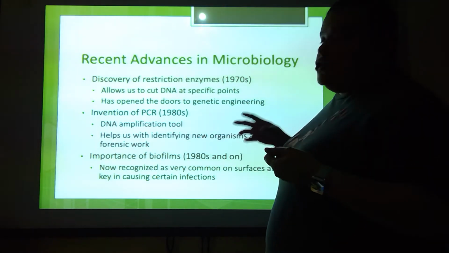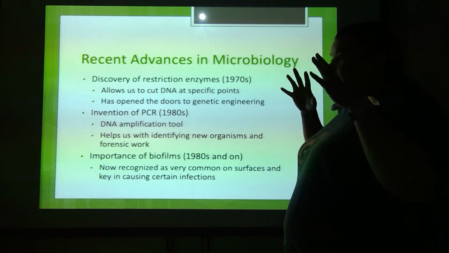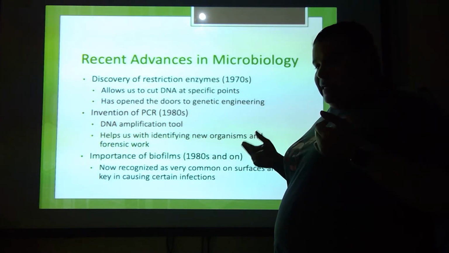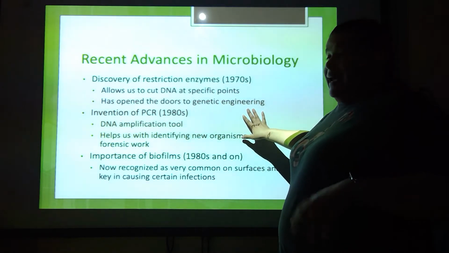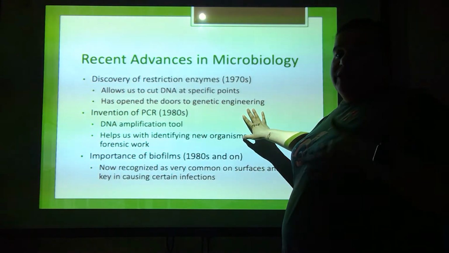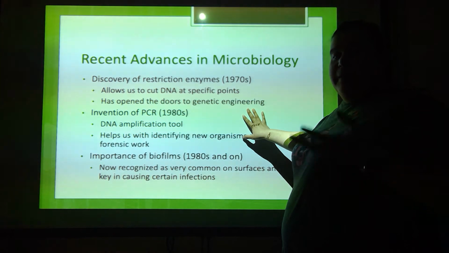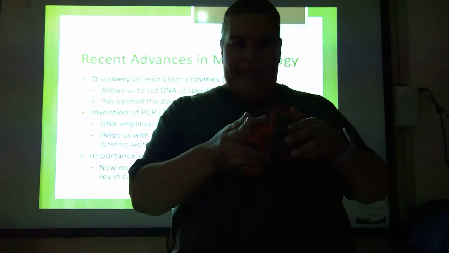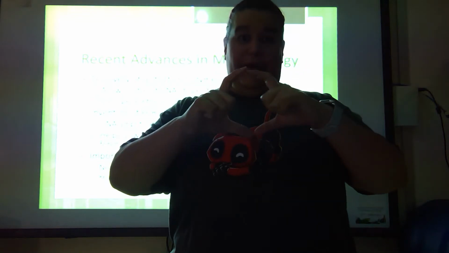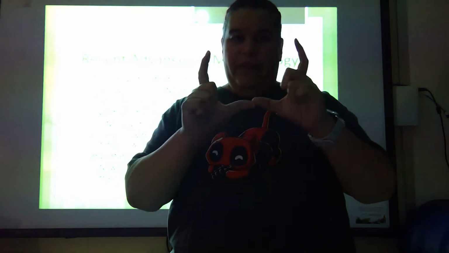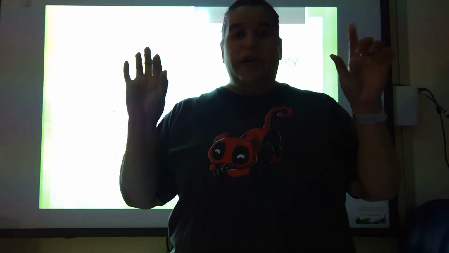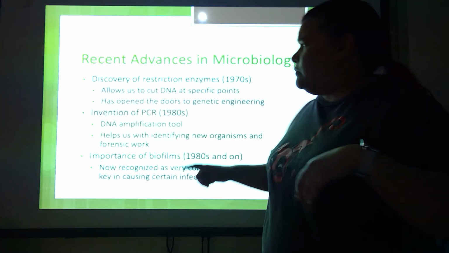Okay, so it allows you to pick the sequence that you are going to cut at. This has really opened the doors for us as far as genetic engineering, because it has allowed us to cut at a specific point in a plasmid, a little ring of DNA, and then cut what we're interested in at those same points so that we can insert it and it fits together properly.